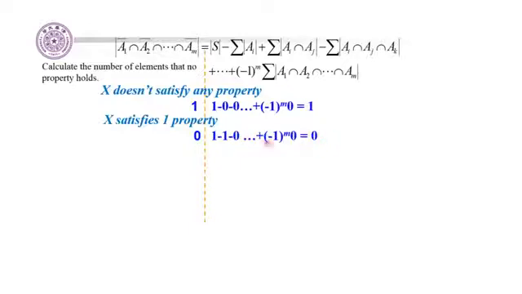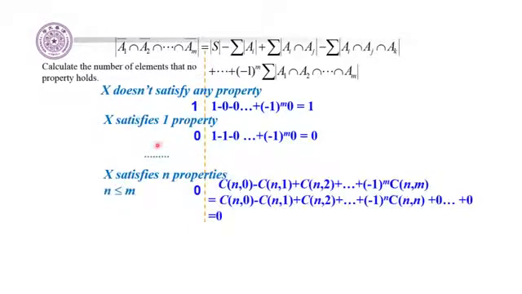If it is in 2 sets, 3 sets, and so forth, say it's in n sets such that n is no larger than m, which means it belongs to multiple of the m sets, the left-hand side must be 0. What would the right-hand side get? For S, it is in at least 0 sets among the n sets. Its contribution is 1, so we could use Cn0 to denote it.